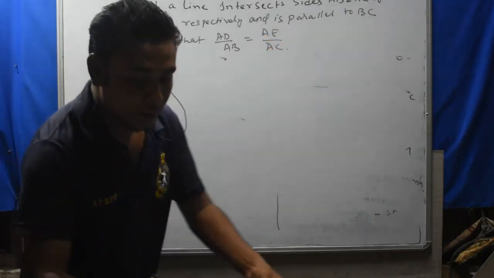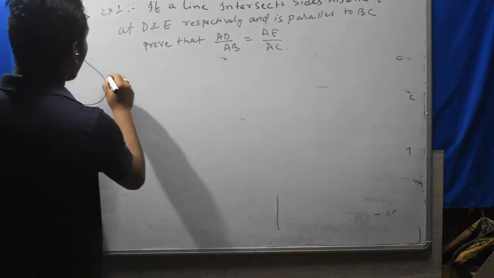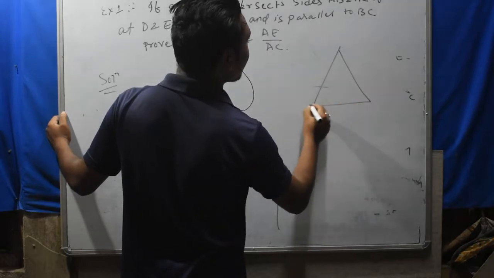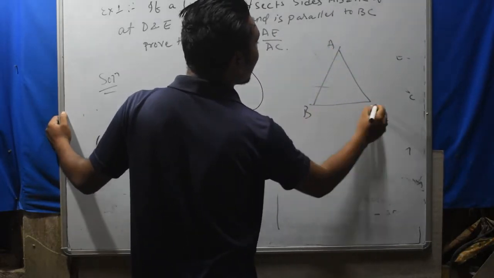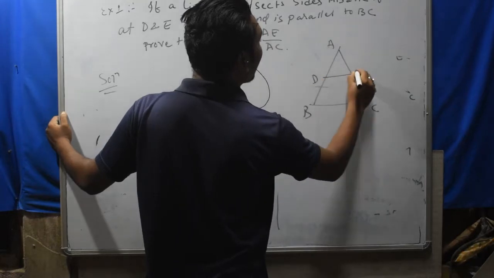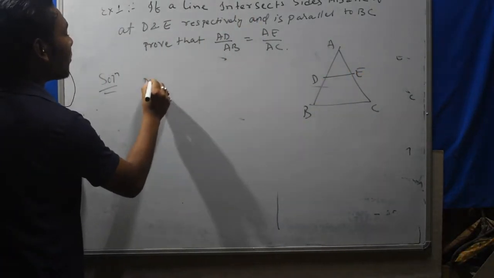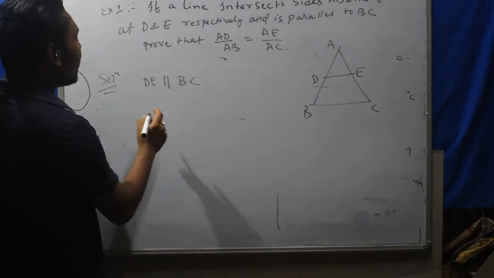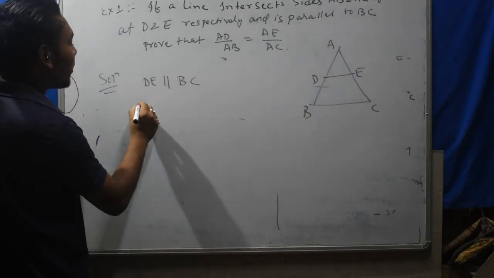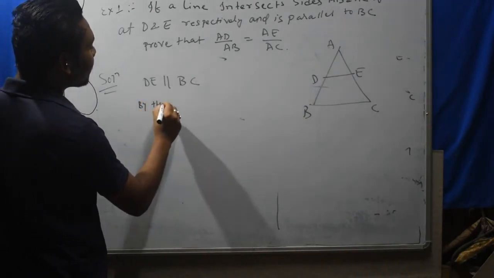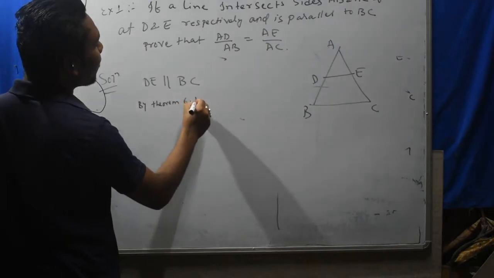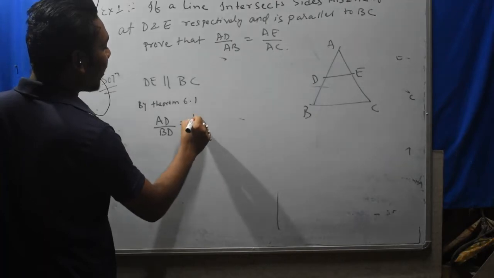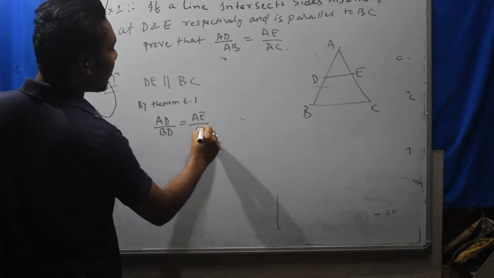So what is given in the question is that, solution. We are given a triangle ABC, where DE is parallel to BC. That means if DE is parallel to BC, by theorem 6.1, we can state that AD by BD is equal to AE by CE.